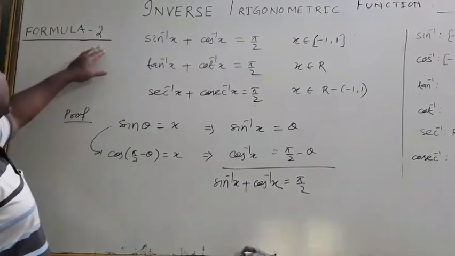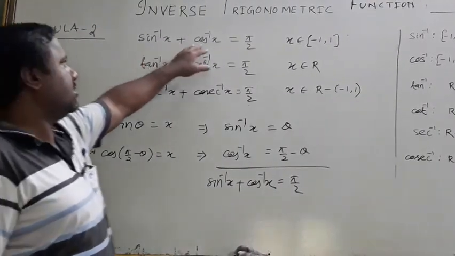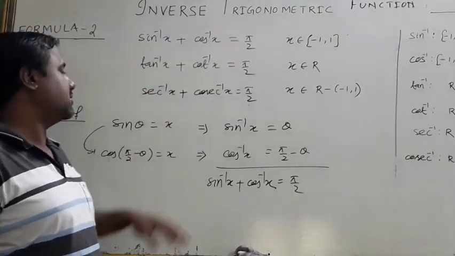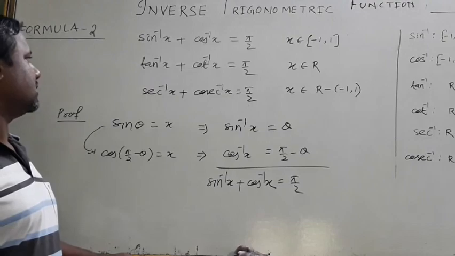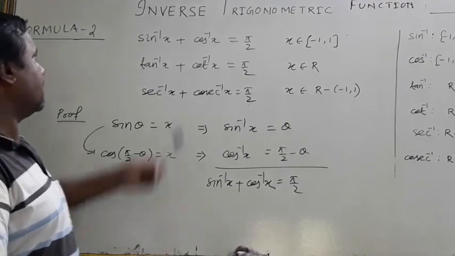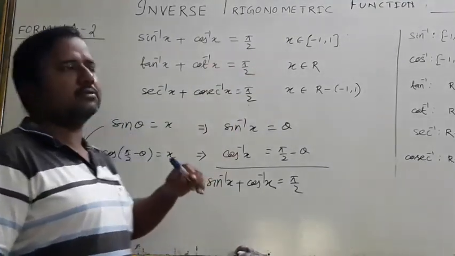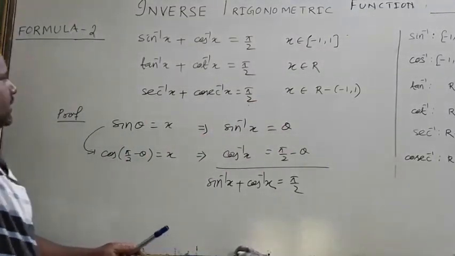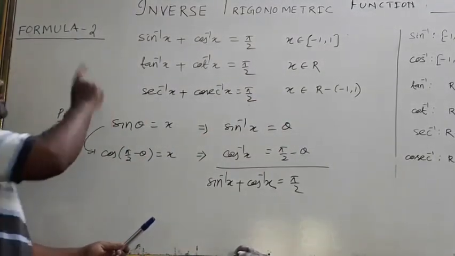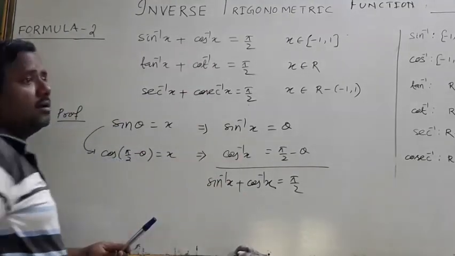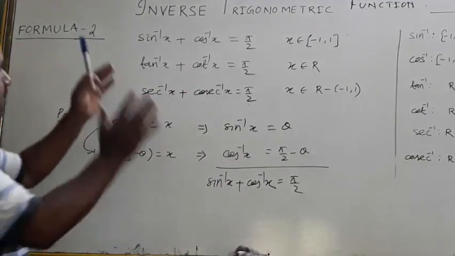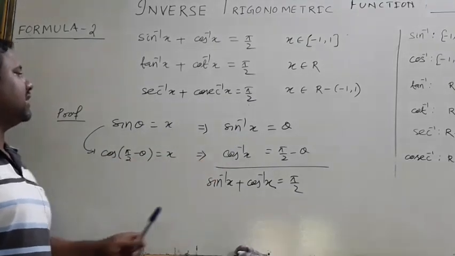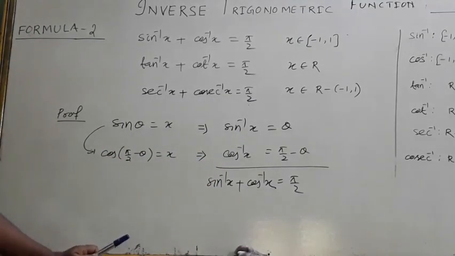The formula is sin inverse x plus cos inverse x is equal to pi by 2. Tan inverse x plus cot inverse x is pi by 2, sec inverse x plus cosec inverse x is pi by 2. But for x, the restriction is minus 1 to 1, for x in R minus (minus 1 to 1). In each case you have to remember this restriction. Sin theta is equal to x, so sin inverse x is equal to what? Theta.